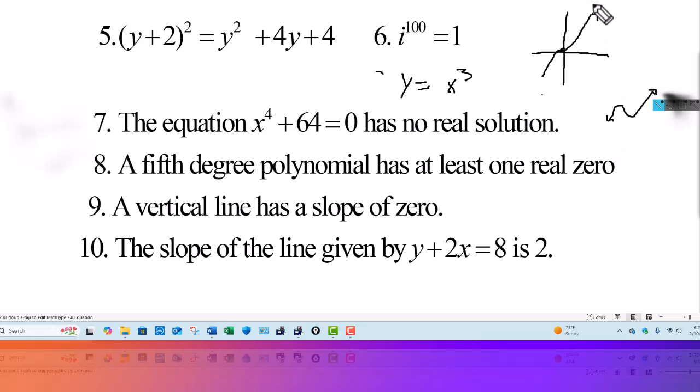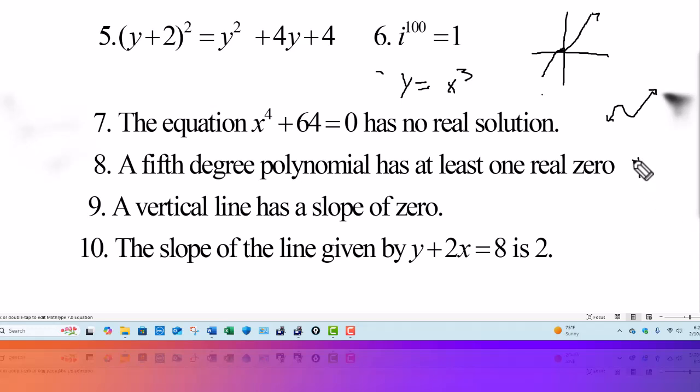It's going to cross the x-axis at least once, and that's going to give you the x-intercepts. So any odd-degree polynomial is going to have at least one real 0, which means at least one x-intercept.